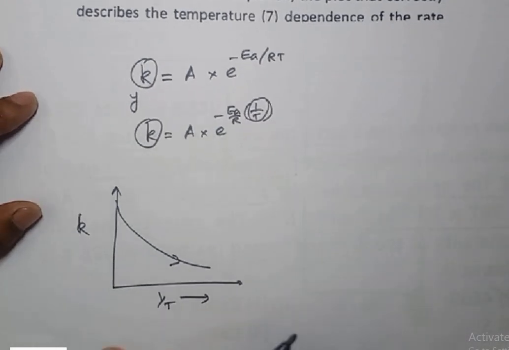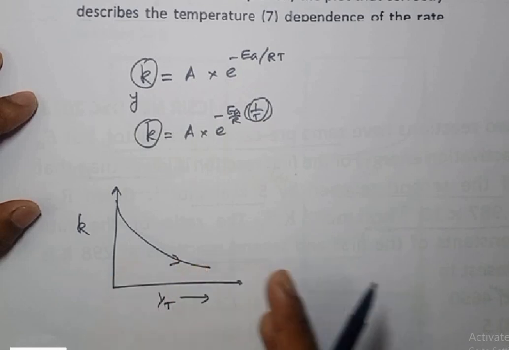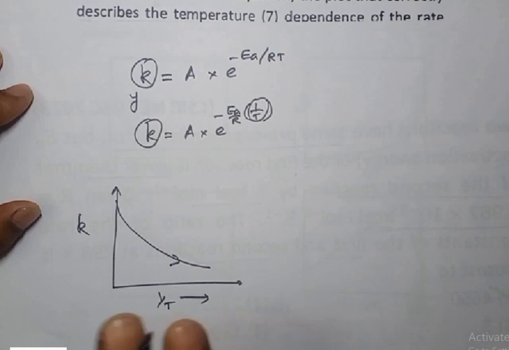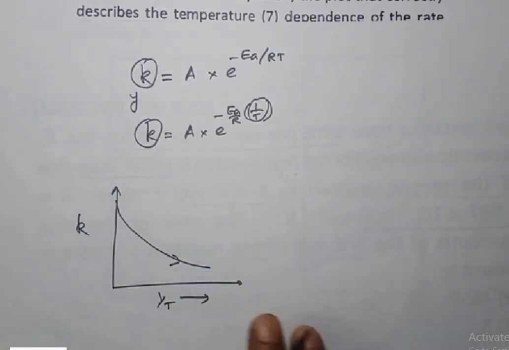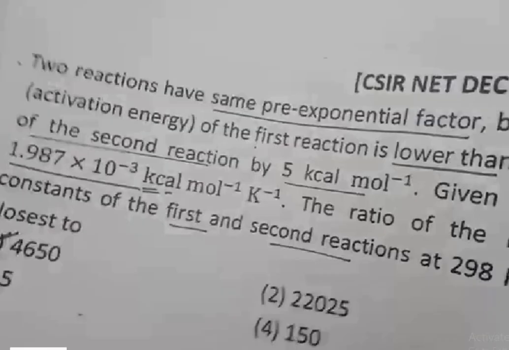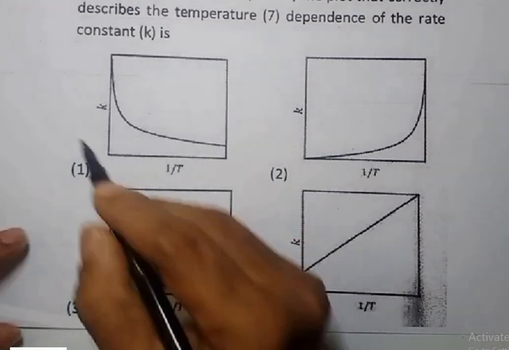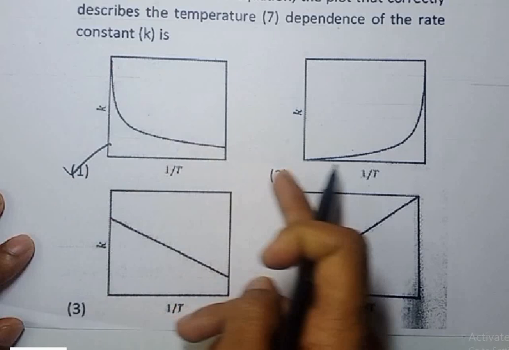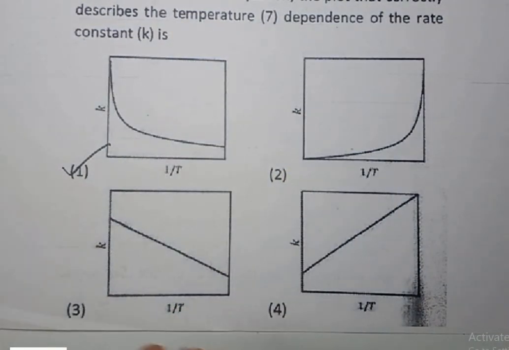Not T, it is 1 by T. As 1 by T increases, the rate constant decreases exponentially. So the correct option among the four is option A. For rate constant versus 1 by T, there should be an exponential decrease in the rate constant.